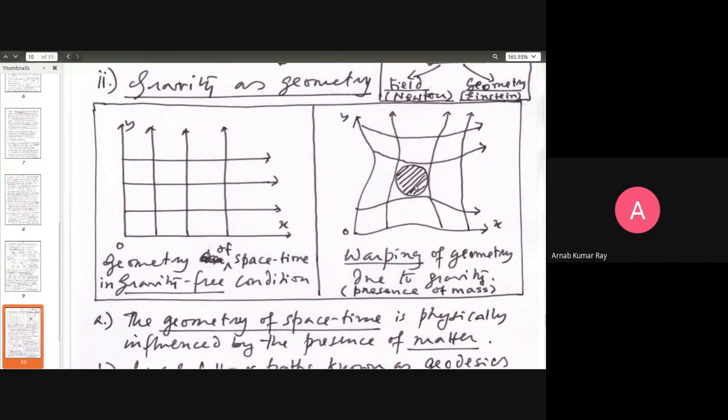You could immediately see that as soon as this sphere or heavy object is put in the sheet, it'll distort the structure of the sheet, because under the weight of the object, the sheet will sag down a little, and the coordinate axes that you would have drawn on the sheet would be distorted like this. Okay? That is the idea of Einstein.